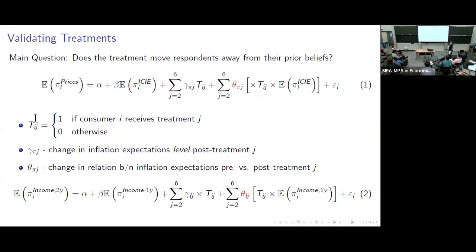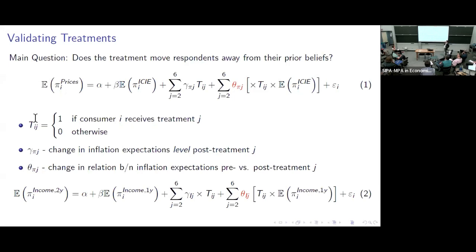What we're going to do is regress posterior inflation expectations on the prior, on a dummy T, which takes value 1 if you received a particular treatment, 0 otherwise, as well as the interaction between the treatment dummy and the prior.